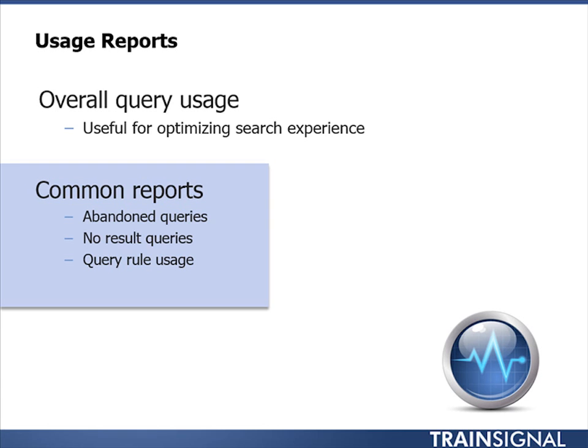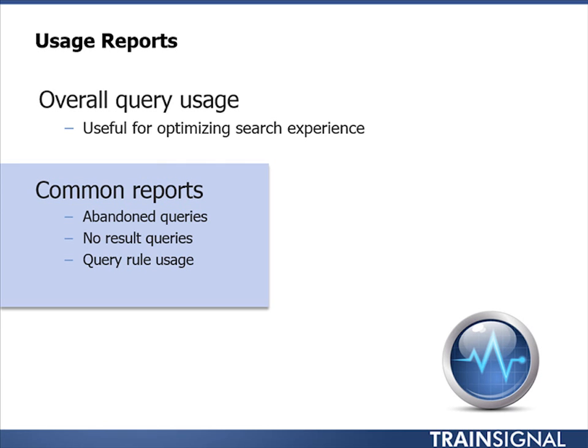And one of the things that we're going to see is that we can go in and create different rules to help drive that, to help make sure that when a user does a search for a common term, maybe like vacation, that we can make sure that the items that they were probably looking for, the vacation request form, the vacation policy, pop up towards or at the very top of the list.